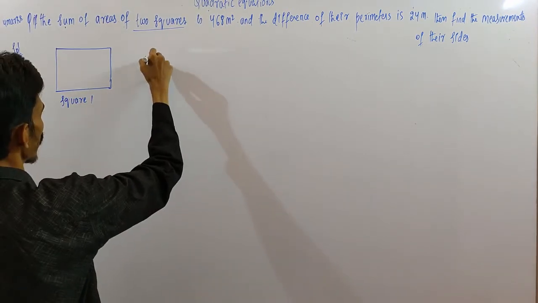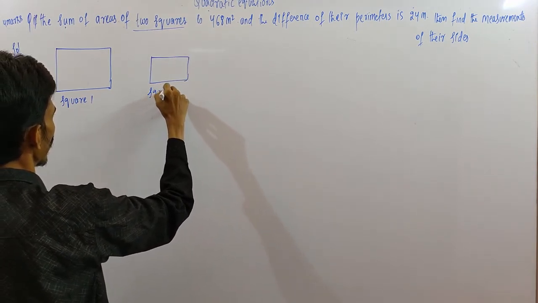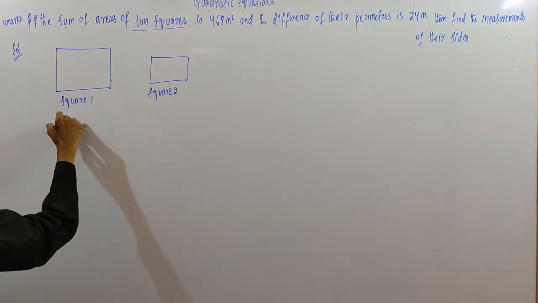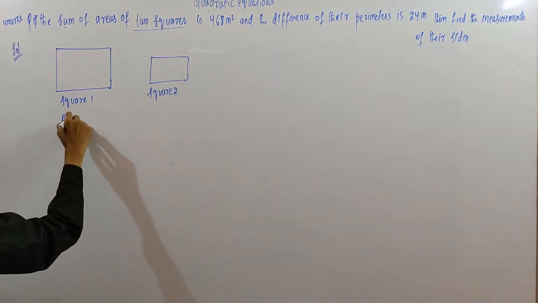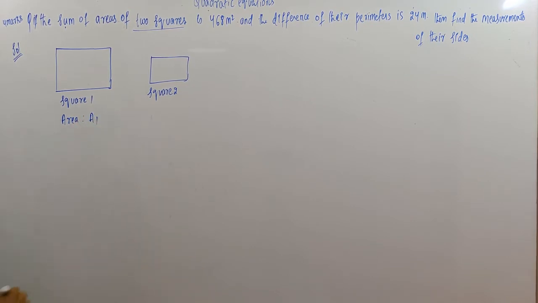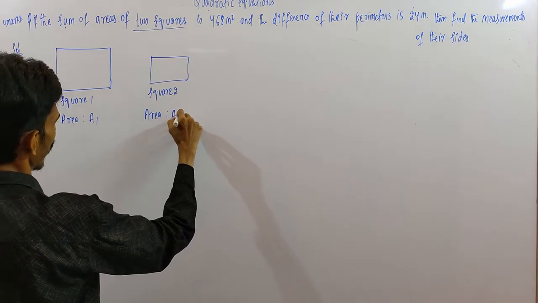We have another square. Let us take this as square 2, having area A1, and this square has area A2.